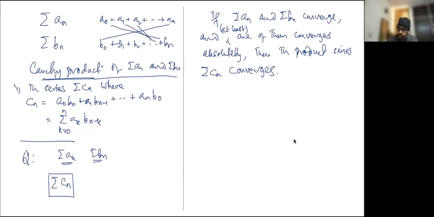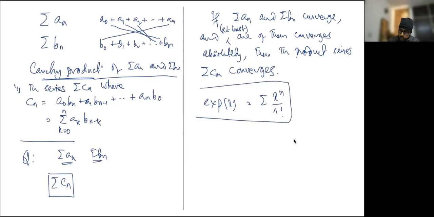So they satisfy the hypothesis here. So we can see what we get if we apply this result. Let's first take this series. Okay, so let's say this is the series, its sum is a number which we are just denoting by this.